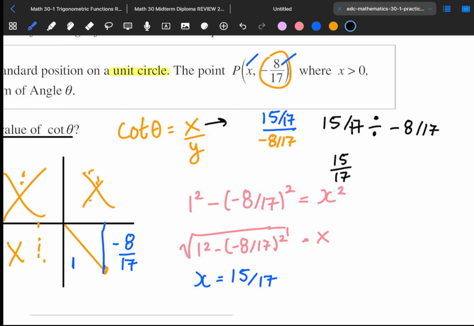So 15 over 17 times negative 17 over 8. Now you can do this in your calculator. 15 times 17 is going to become your numerator, so you're going to get 255 over 17 times 8, which is 136. So now we can see if this fraction can be simplified any further.